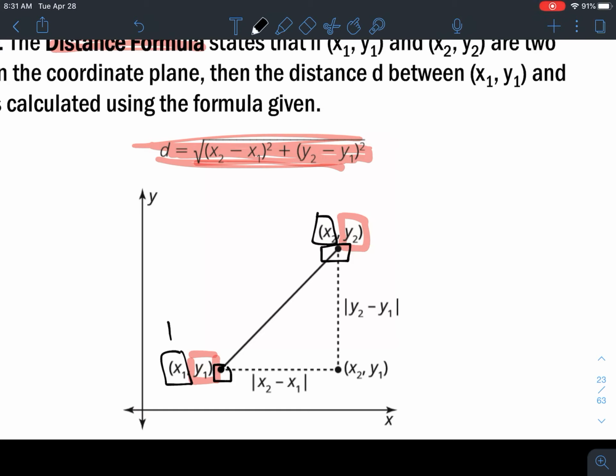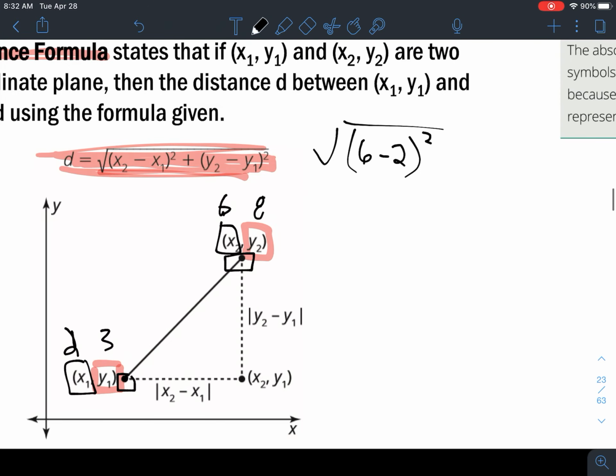So for example, if this was 2, 3, and we'll go 6, 8. So if I go right like this as x2, that'd be 6 minus 2, parentheses squared, with the square root under, plus parentheses 8 minus 3 squared, like that.